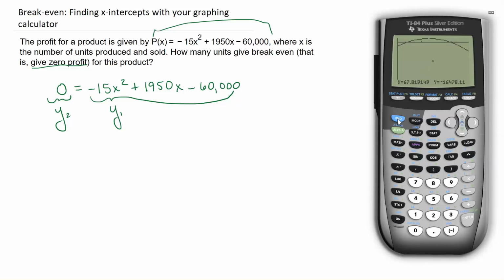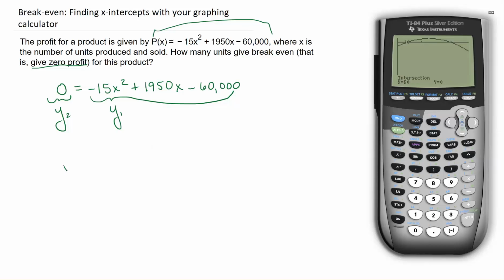So let's go ahead and do a second calculate, and we want intersect. You'll see that it hops from the first curve, which is y1, to the second curve, which is y2, and you can get this to move over closer to the x-intercept that you first want to find, and you'll see when you hit enter again that cursor hops onto that, and you have 50 units would give you 0 profit.